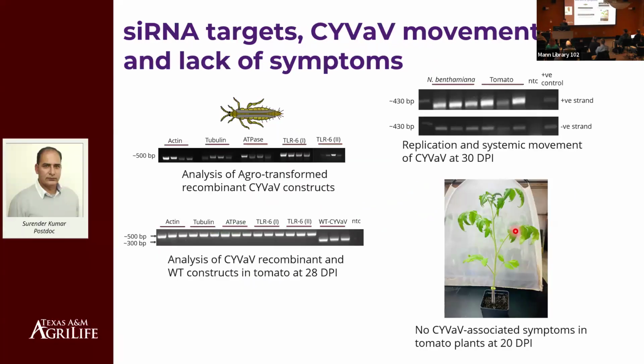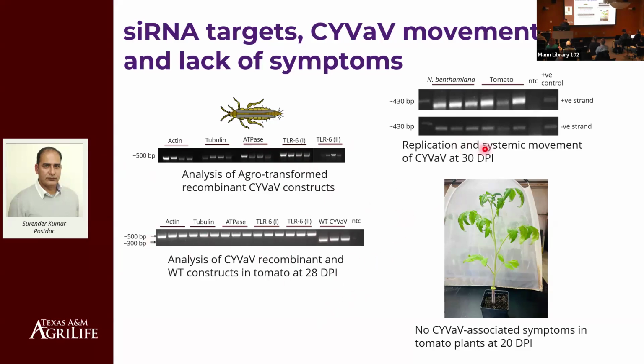First things first, we needed to make sure everything is working great, and that starts with the constructs. We had 500 base pair CYVV constructs with these targets in the backbone, and we wanted to make sure everything is working before agroinfiltration, which is what you can see here, but also after agroinfiltration, 8 days post-infiltration, which you can see here.